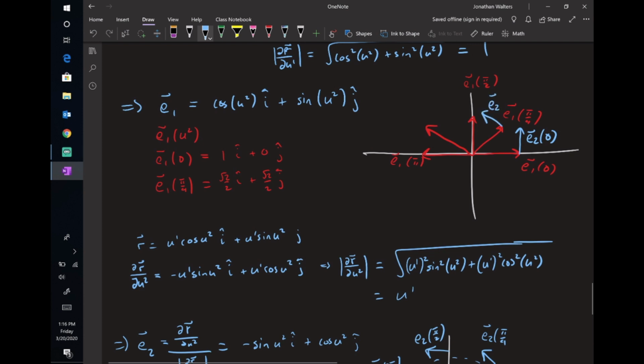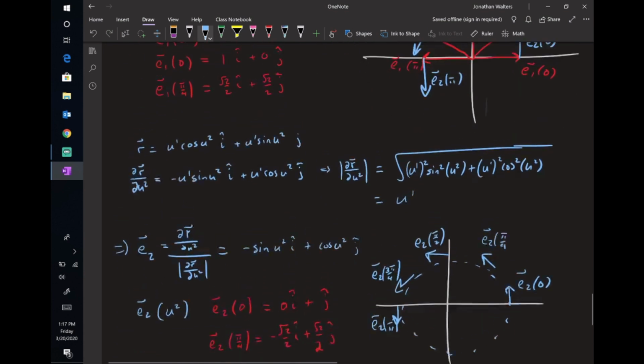And we can see that these are orthogonal. So your basis vectors in polar coordinates are orthogonal to each other. So E2 of pi is pointing down. You can go through and verify this when you calculate E2 of pi.